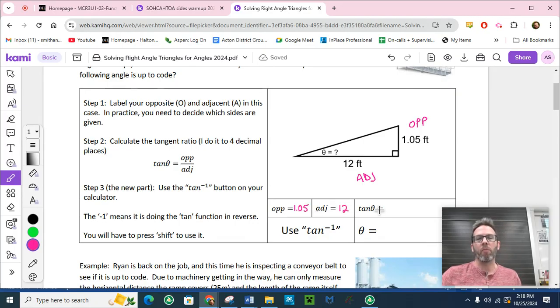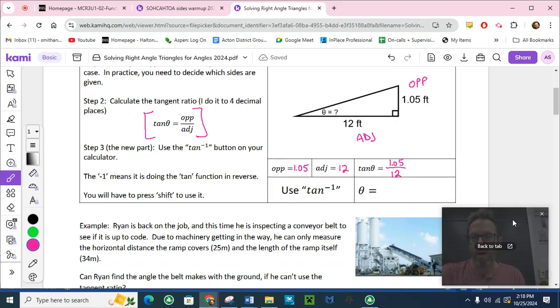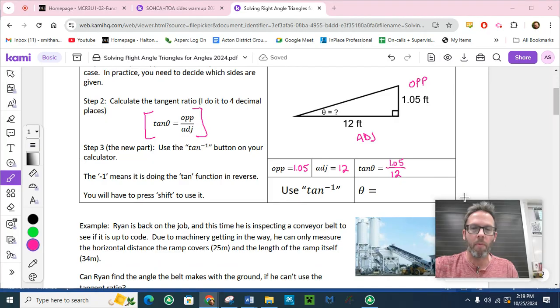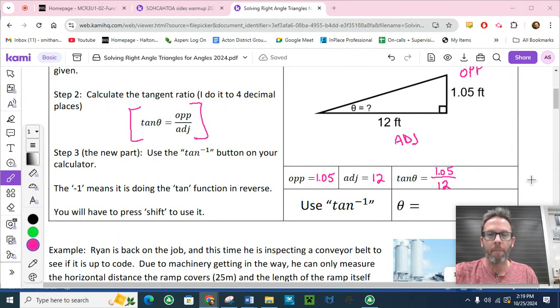And then this is where we start our process. The tan of theta, I'm not going to write out opposite over adjacent. I already have that there. I can plug in what I have. The opposite is 1.05, and the adjacent is 12. So this is like yesterday. We start off with the ratio, we plug in what we know. But unlike yesterday, this is different. Yesterday we had a proportion to solve, you cross multiply.